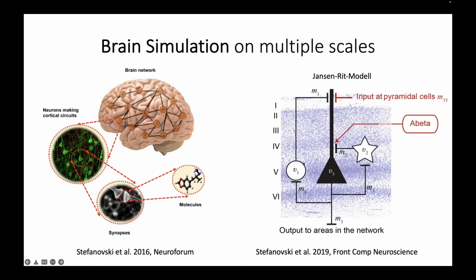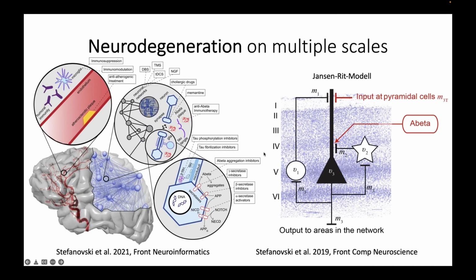And why is it so important for neurodegeneration? Because neurodegeneration takes place on multiple scales too, and even more scales are part of it. So first, maybe the common scale is the large-scale connectivity scale. So we know that network effects play a role in neurodegeneration and especially in dementia.